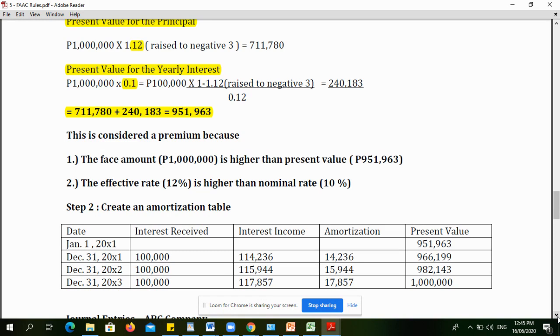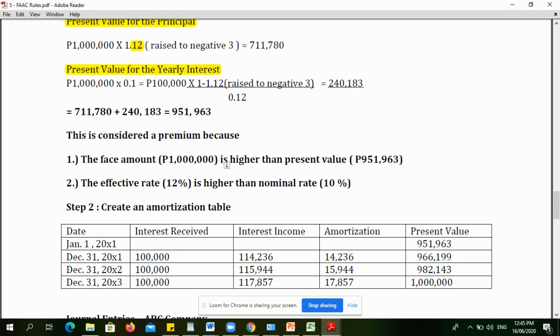We consider this as a premium because the face amount is higher than the present value. So now, it's the opposite. I'm so sorry, this is not a premium but rather a discount. Sorry, I will correct this.